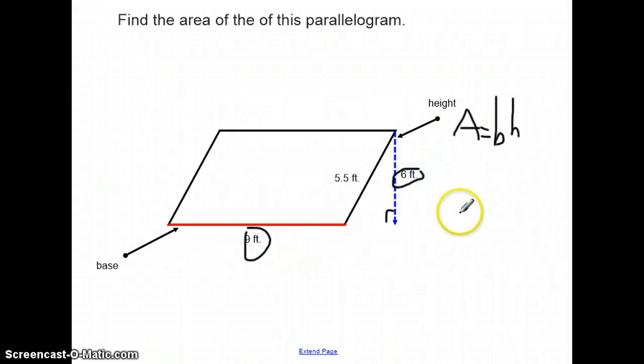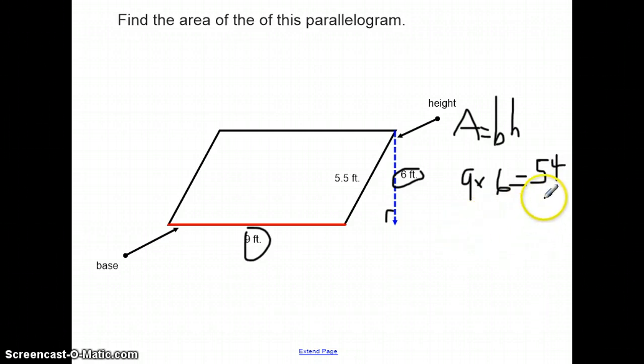All you need to do, very simply, is multiply them together, and then you'll find your answer. So 9 times 6 comes to 54. It's also going to be feet squared. So that is the area of your parallelogram.